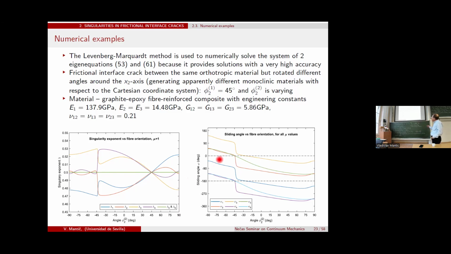This is how the angle of the shear stress vector is changing when we rotate the lower lamina. You see, for different singularity exponents, the color is the same. You can see how it is changing.